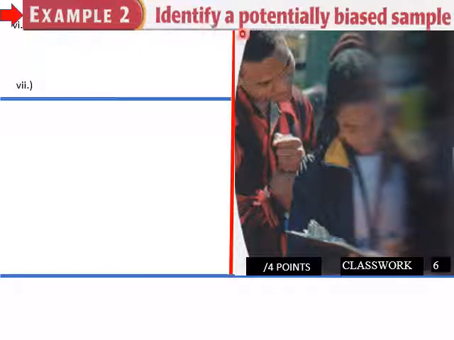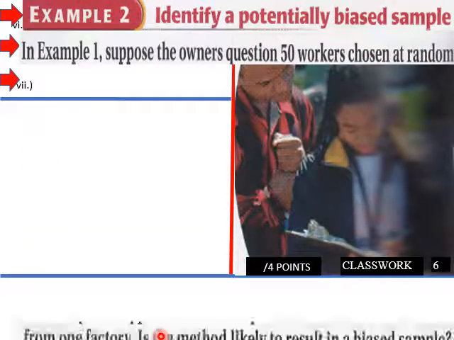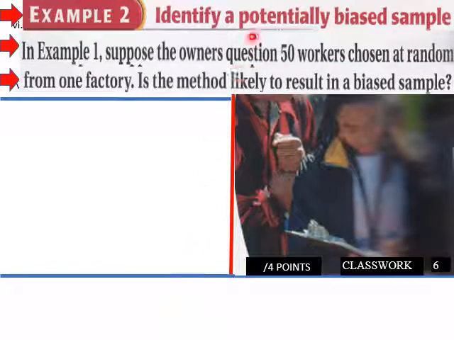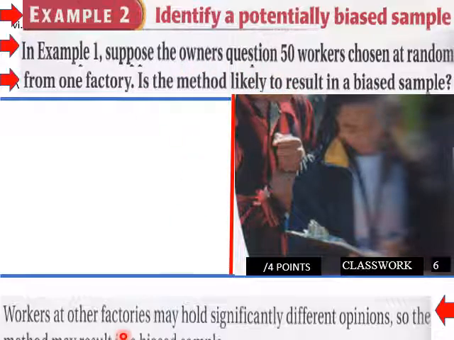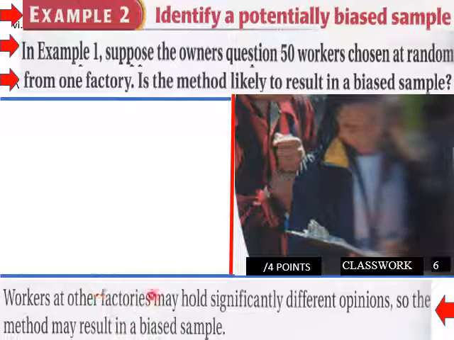Example 2, identify a potentially biased sample. Okay, so we're back to the 50 workers chosen from one factory. Is the method likely to result in a biased sample? Workers at other factories may hold significantly different opinions, so the method may result in a biased sample.